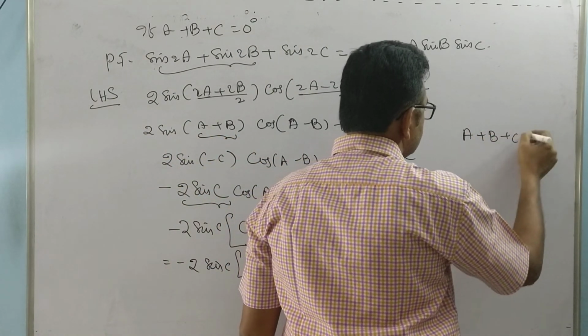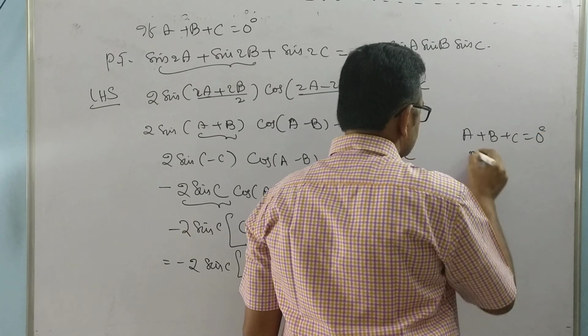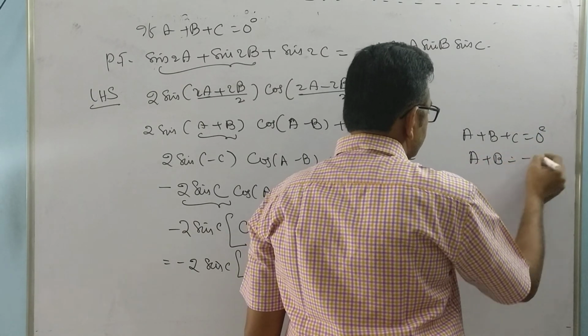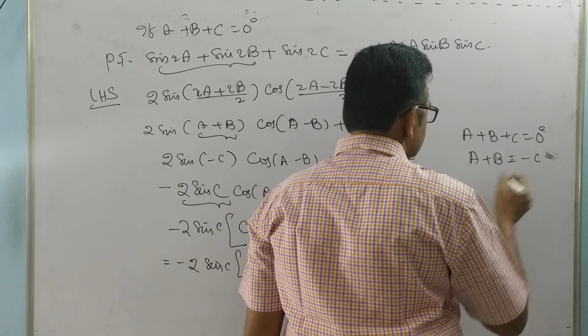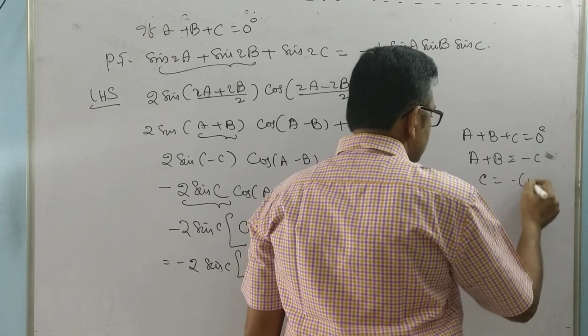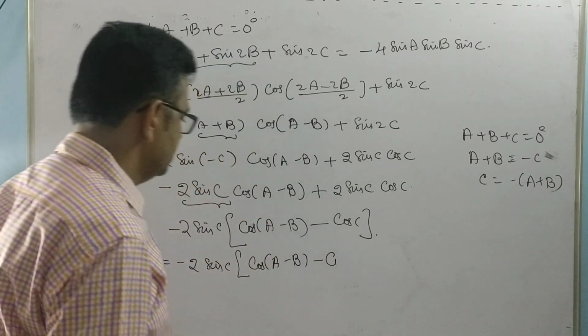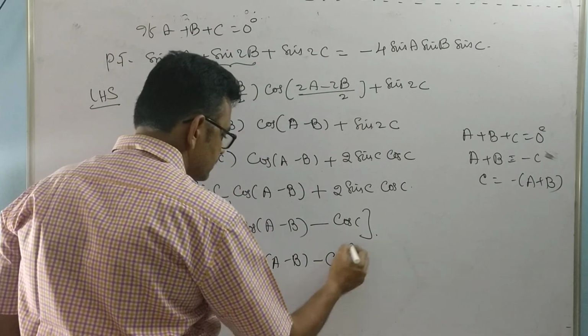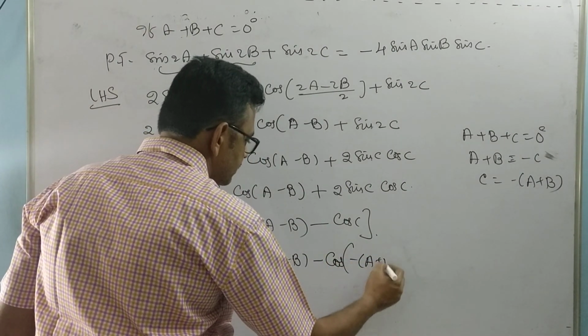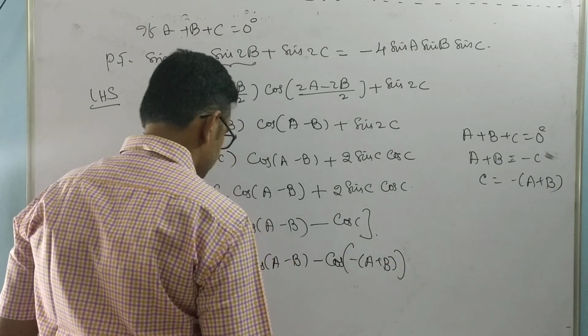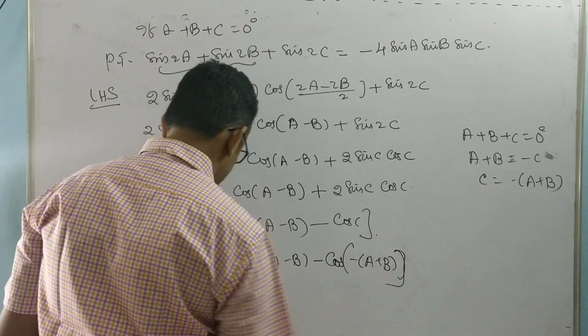A plus B plus C equals 0 degrees, A plus B equals minus C, and C equals minus of (A plus B). So this is cos of minus of (A plus B).